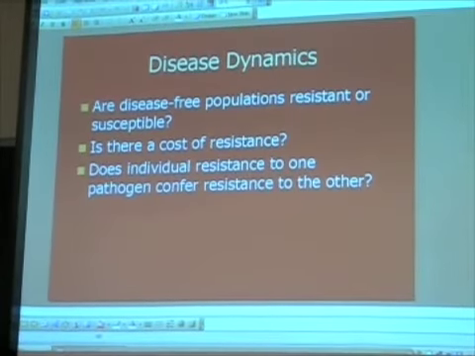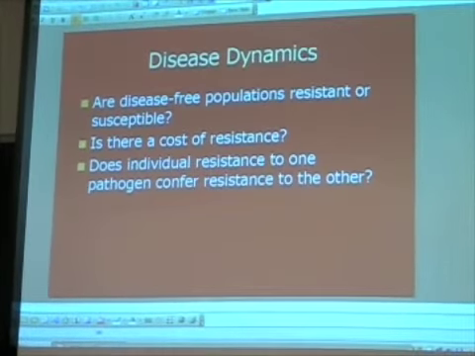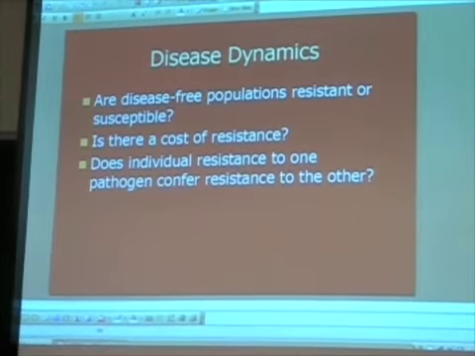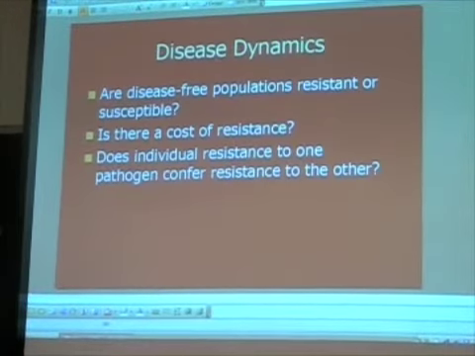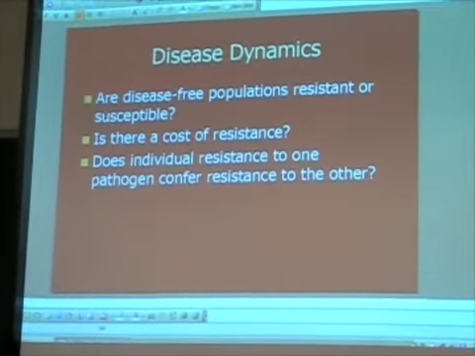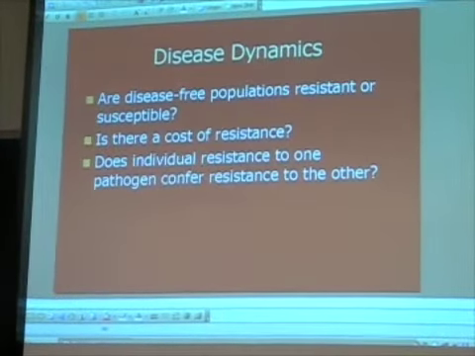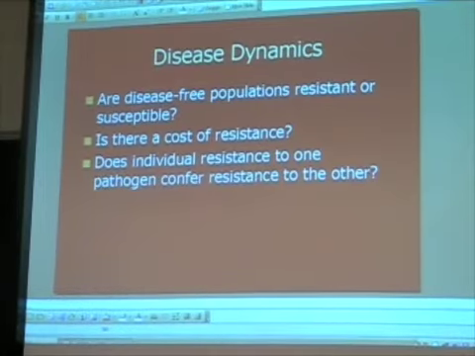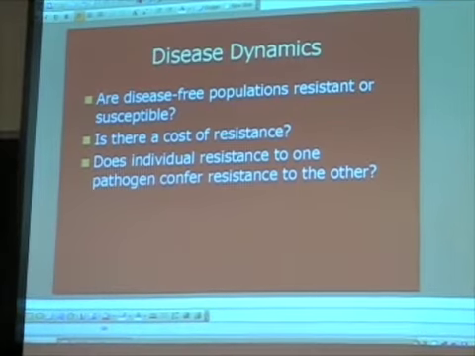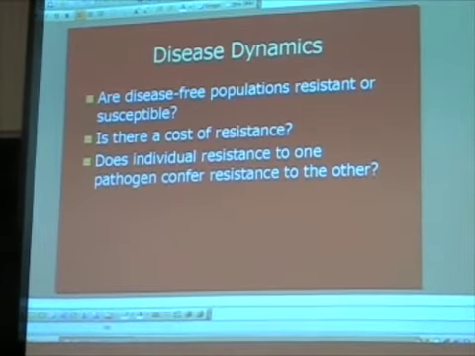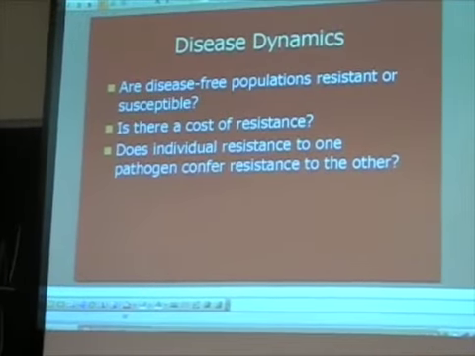And then we're going to see if there's actually a cost of resistance upon the fitness of the individuals. And we can do that through greenhouse experiments and seeing if there's lower seed production or stunted growth. And we're going to see at the individual level if one species of the host is resistant to one species of Microbotryum, is it also resistant to the other one?